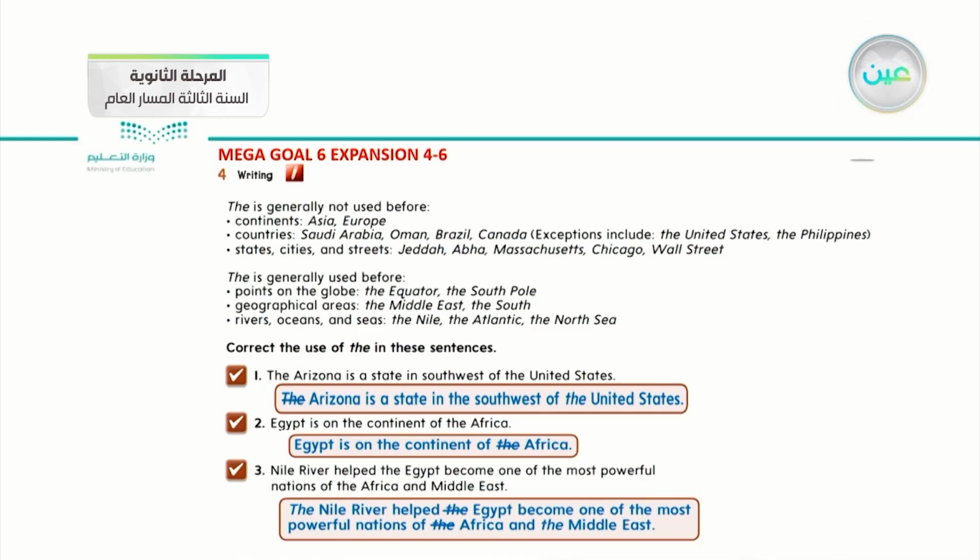Because it is a river, one of the geographical features, we can use the article "the" with it. Helped, then I omit "the" before Egypt, become one of the most powerful nations of, then I omit "the" before Africa because it is a continent, and the Middle East.